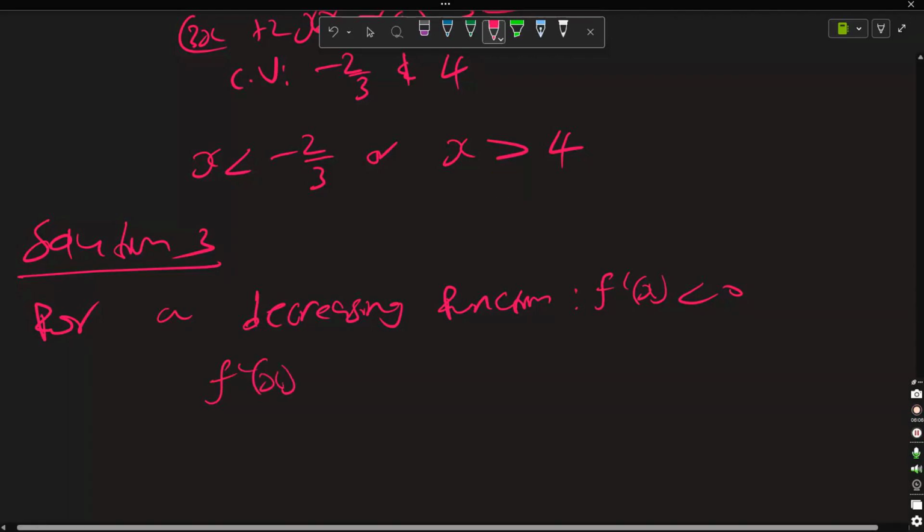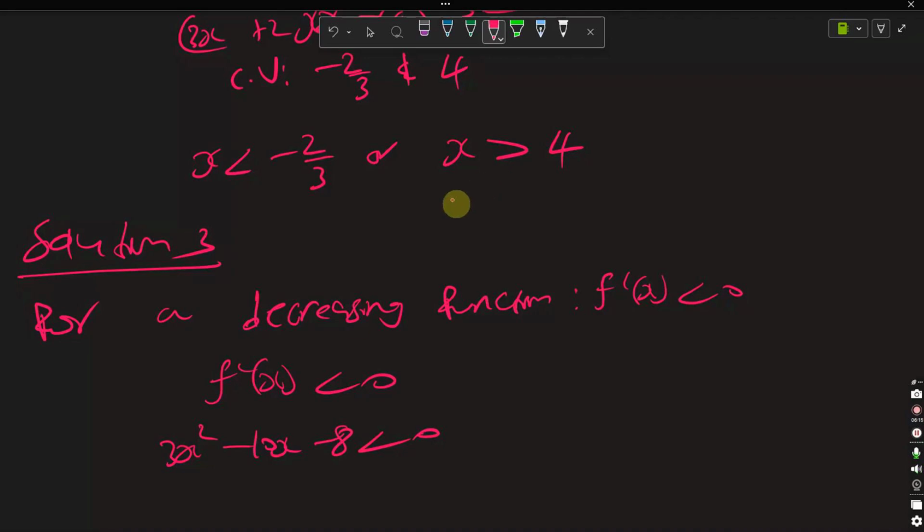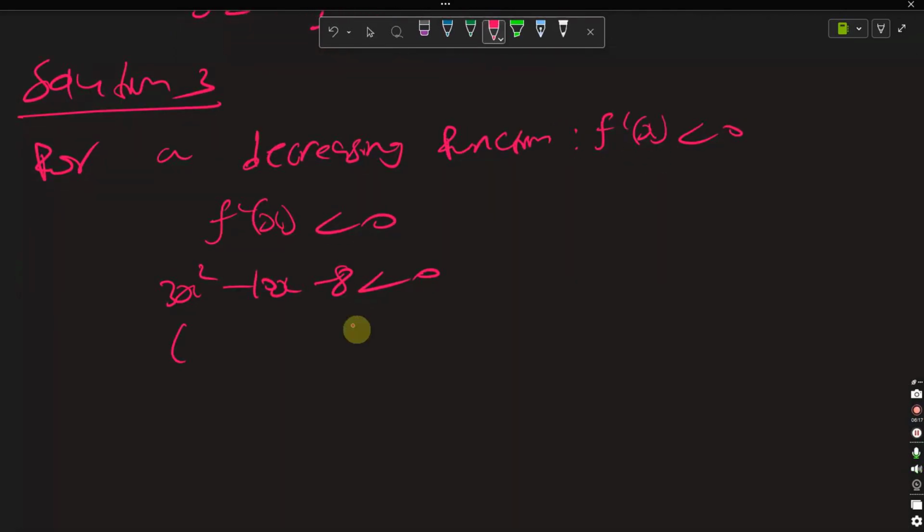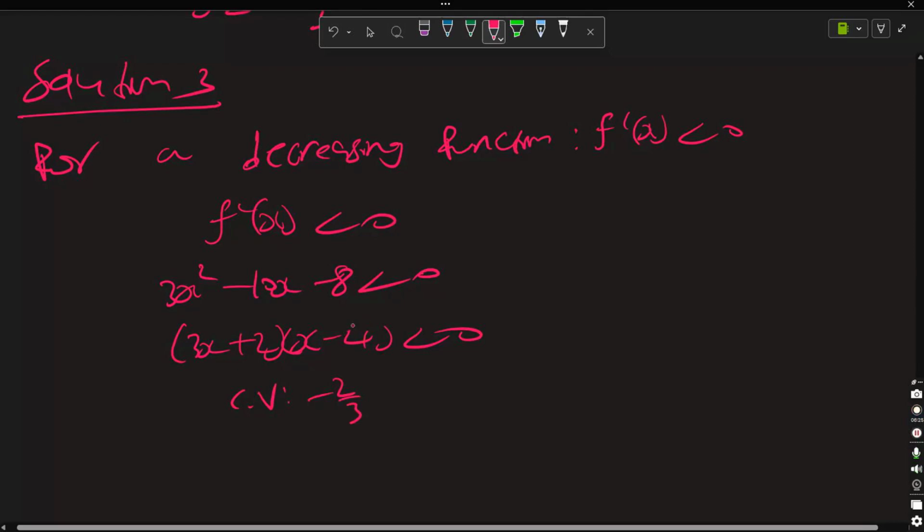So 3x squared minus 10x minus 8 is less than 0. It means (3x plus 2)(x minus 4) is less than 0. What are the critical values? Minus 2/3 and 4.